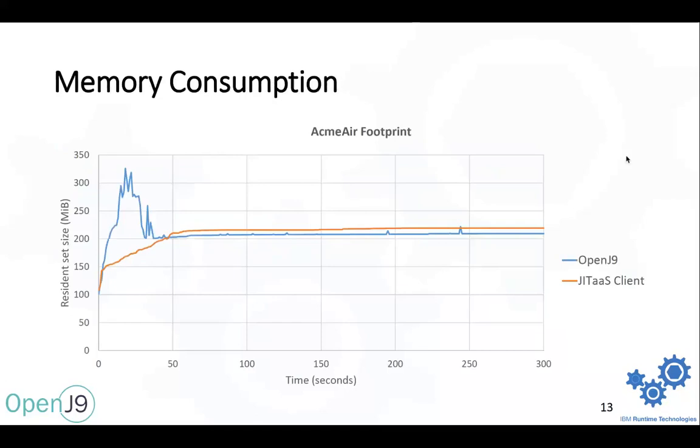So if we move on to the next slide, here we have a graph of memory consumption. This is essentially graphing resident set size for both OpenJ9 with conventional JIT and JIT service. And what we can see here is that the conventional JIT uses a lot more memory near the beginning of the program.